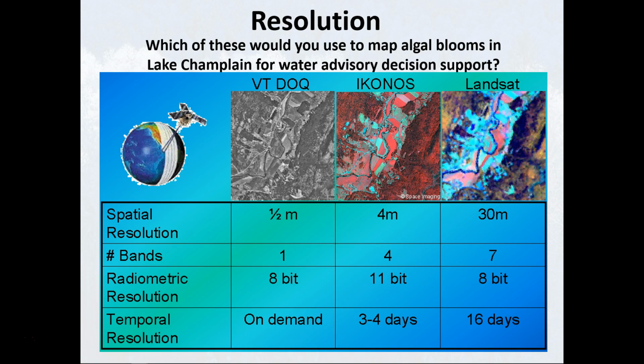Well, by process of elimination is how I like to do things. So right away I would eliminate the Vermont DOQ because it only has one band and you're not going to be able to see algal blooms in water with only one band. So we're really between the Ikonos and the Landsat imagery. One thing that jumps out right away is the difference in resolution. Okay, but maybe in Lake Champlain we're not as concerned about that, though it does play a factor.